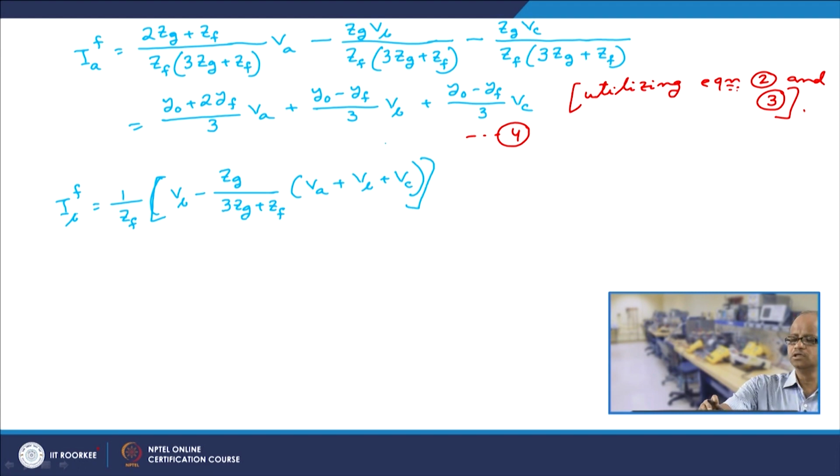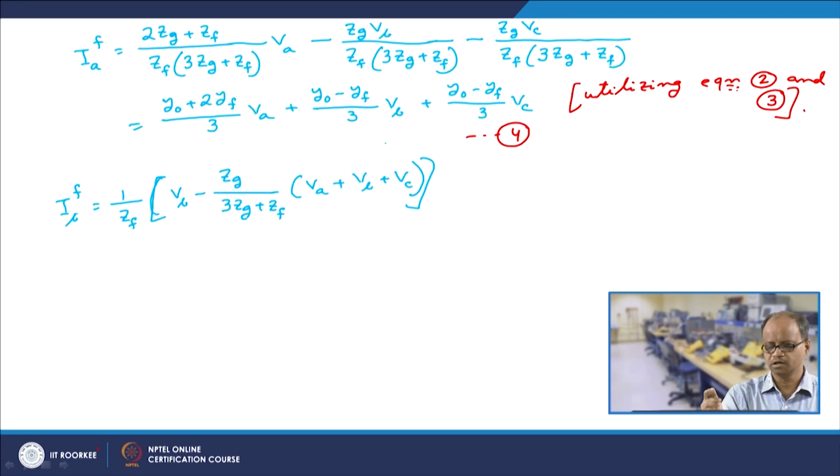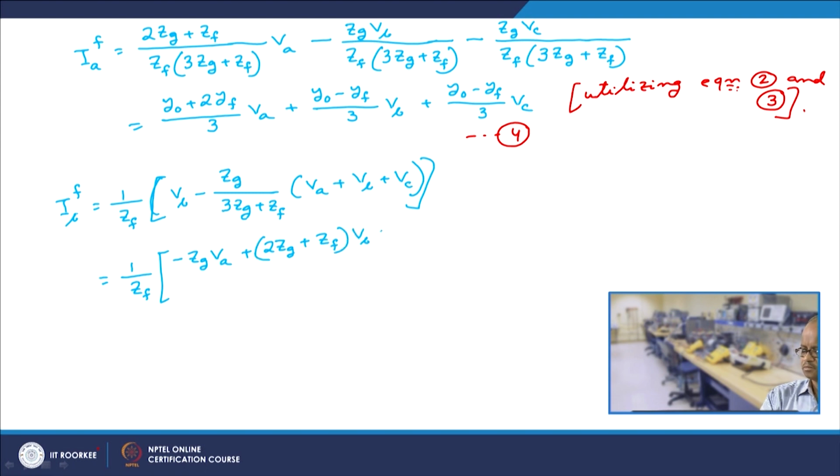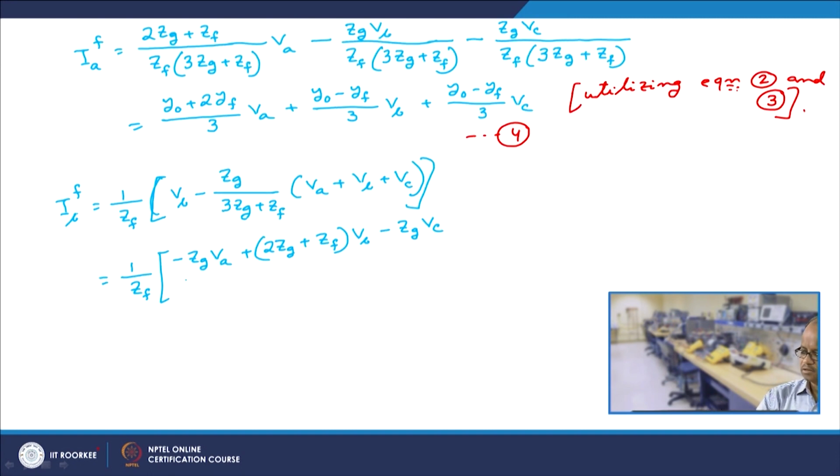If we repeat all these derivations as we have done here, you will find that it is nothing but 1 by ZF into minus ZG VA plus 2ZG plus ZF into VB minus ZG VC, divided by 3ZG plus ZF.